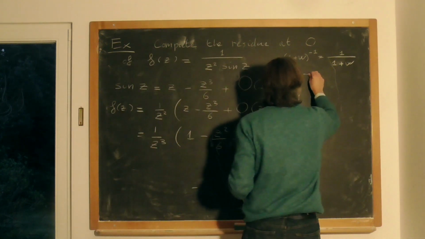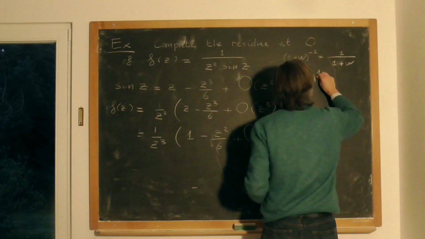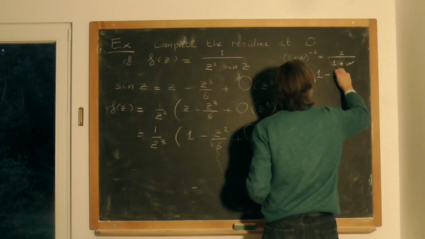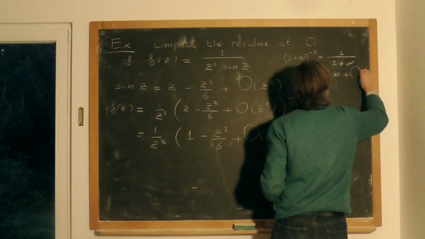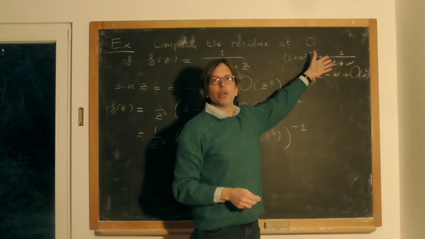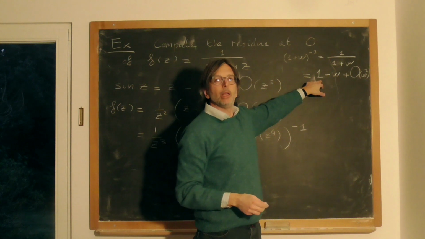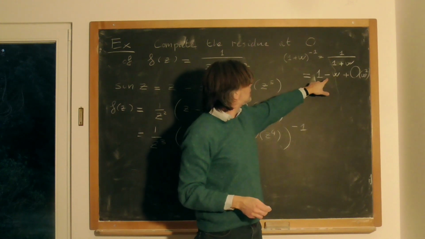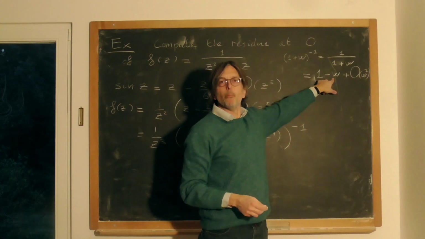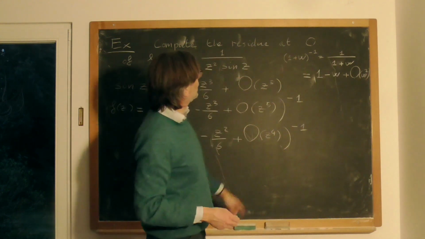What's the first order expansion for this? This we know. This is 1 minus w plus big O of w squared. You find it just by looking at the first terms of the geometric series corresponding to minus w, whose total sum is 1 over 1 plus w.